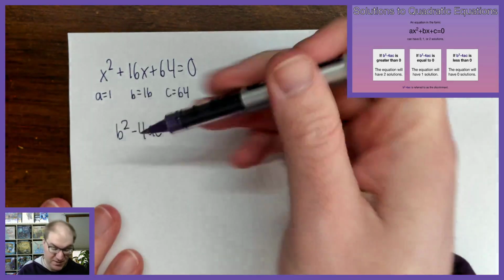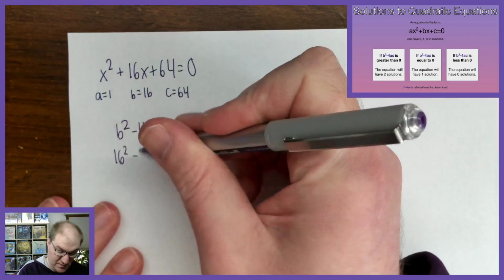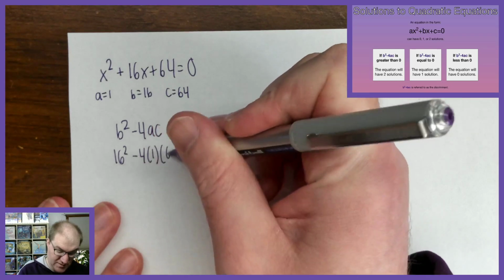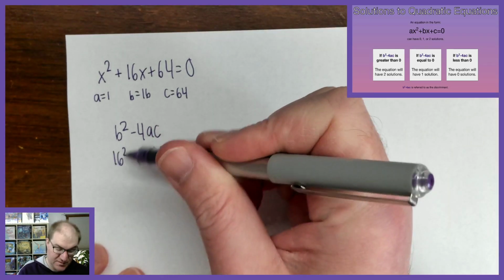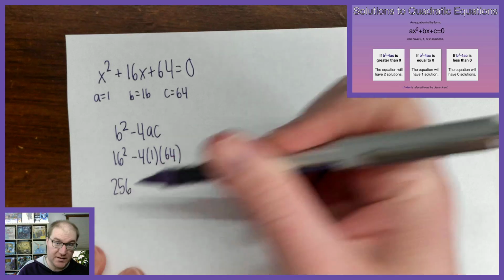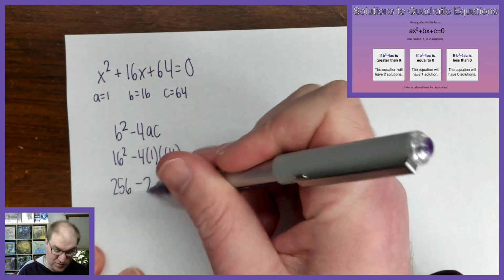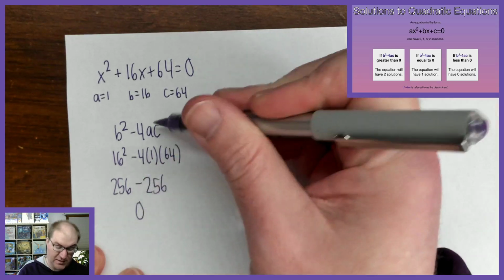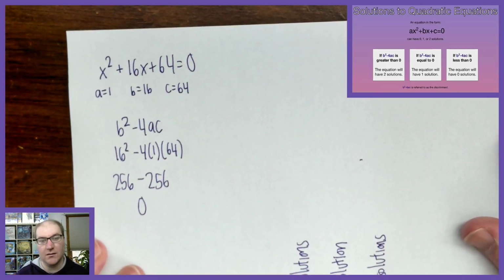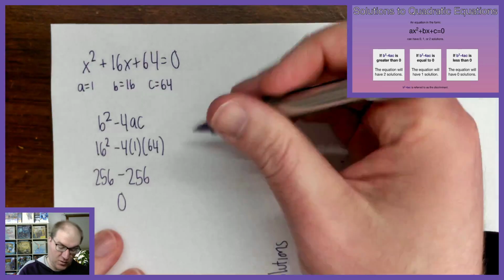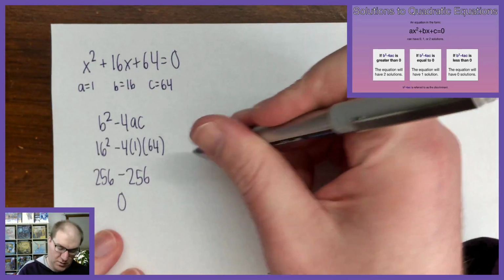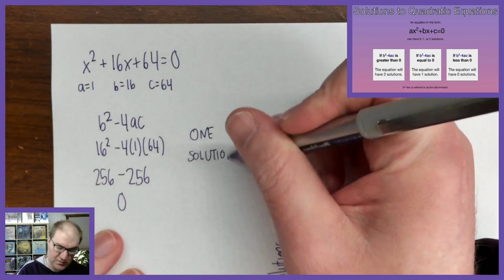If I put in b is 16, a is 1, and c is 64, 16 squared is 256. 4 times 1 is 4. 4 times 64 is 256. The answer to this discriminant is 0. That means that this equation only has one solution.